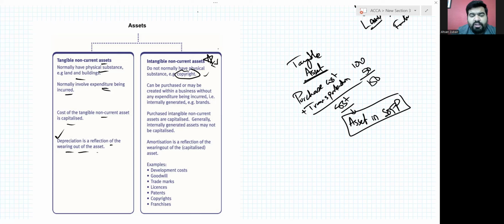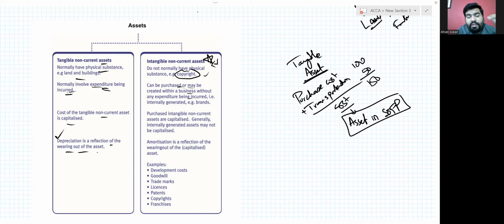An intangible asset doesn't have physical substance, and can be purchased or may be created within the business without any expenditure incurred. As I told you, tangible assets normally involve expenditure, because when you purchase the asset you have to pay the purchase price, then transportation and other costs.